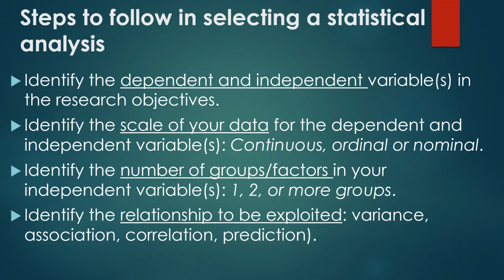The relationship can only be in the form of variance, association, correlation, or prediction. We are going to see more of these, which will determine the type of statistical analysis that you can choose for your data.